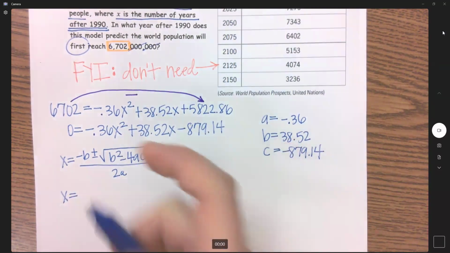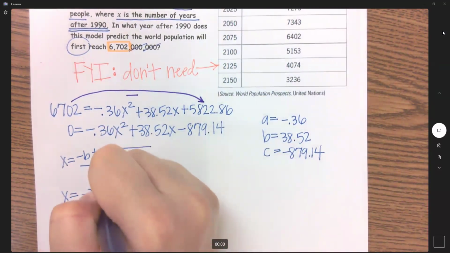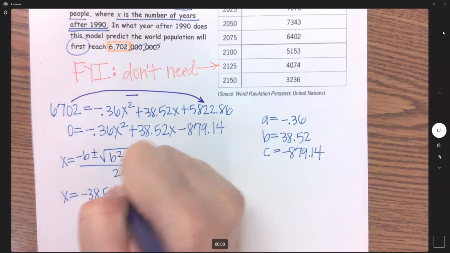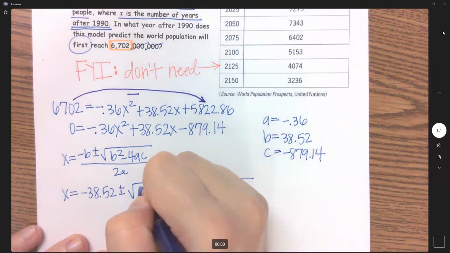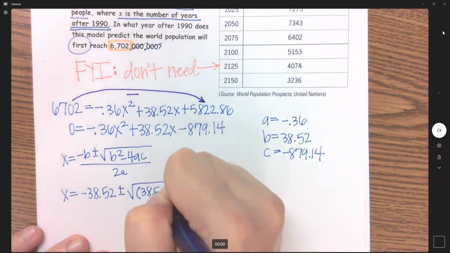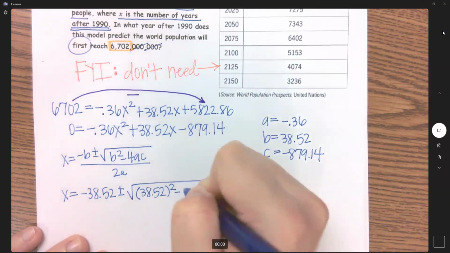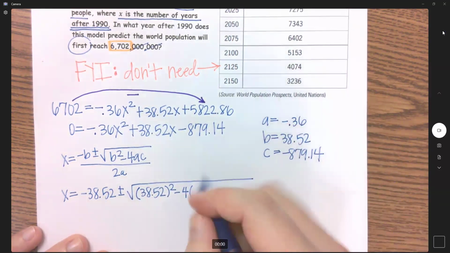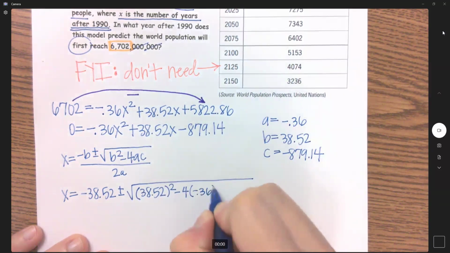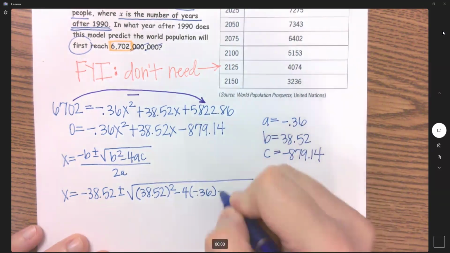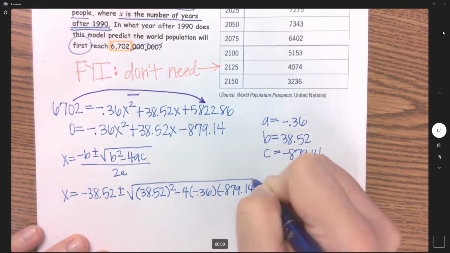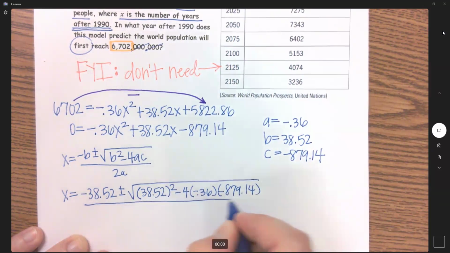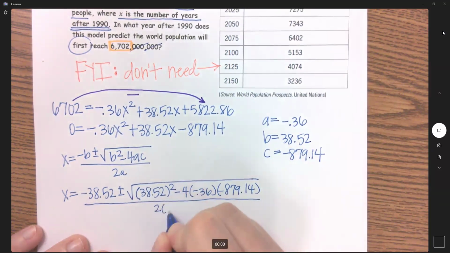So negative b is negative 38.52 plus or minus the square root of 38.52 squared minus 4 times my a times my c, and that is all over 2 times a.